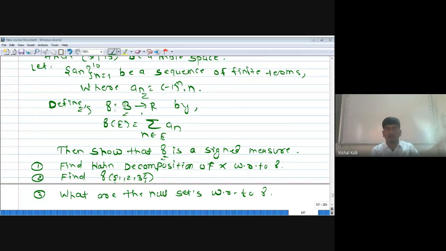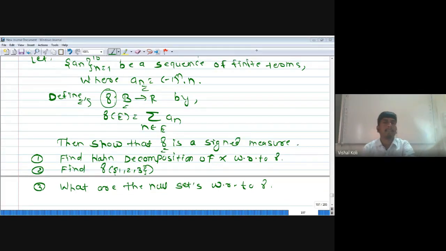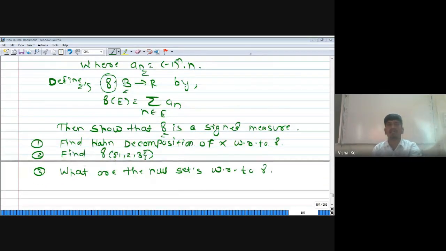As already we have curly B a power set of X, it means it is a sigma algebra. Then it remains to prove the two properties of measure, that is gamma of phi will be equal to 0 and gamma is countably additive. Okay, if it holds these two properties, then gamma is a signed measure, and then we have to find out these three terms.